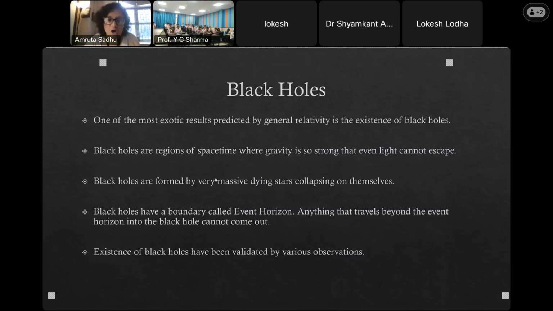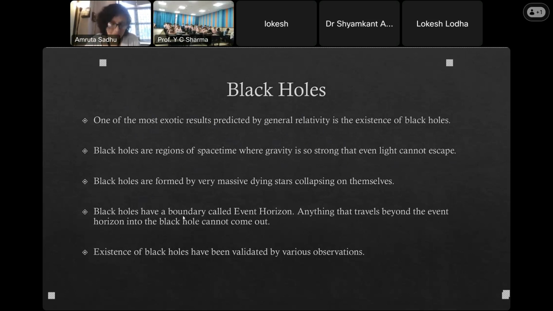They are formed by very massive dying stars that become so heavy that they collapse on themselves, and their gravity becomes so strong that light cannot escape from them. So black holes are regions of space-time where gravity is so strong that even light cannot escape.